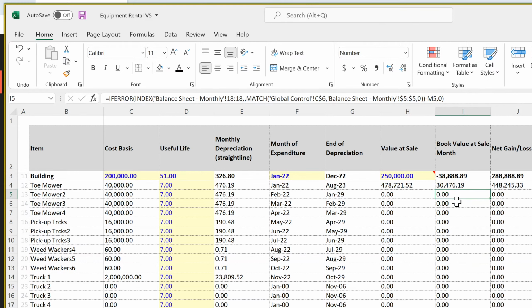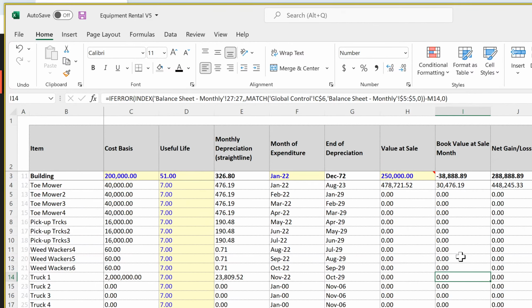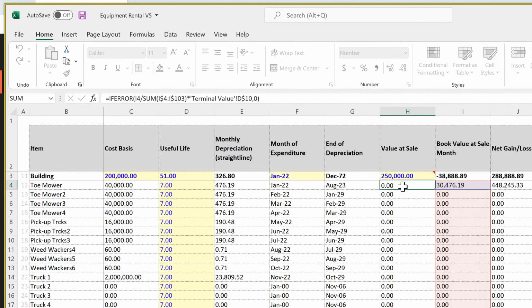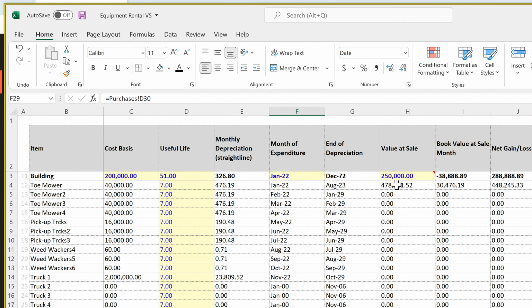So this is saying book value is 0 for everything because it's all fully depreciated. Our value at sale is the total amount that's being applied to fixed assets, 478. So it's all going to this first one, because that's the only thing with the book value.